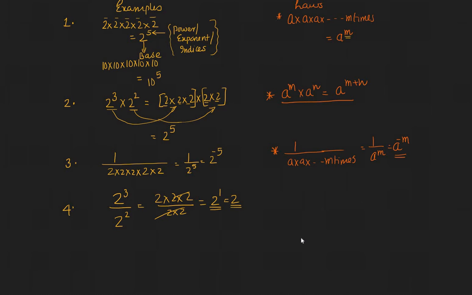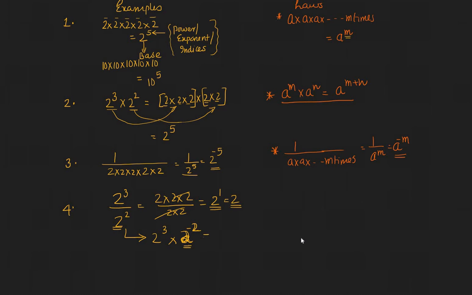You can also say that this is nothing but 2 power 3 into 2 power minus 2, because 1 by 2 power something is 2 power minus something, right?